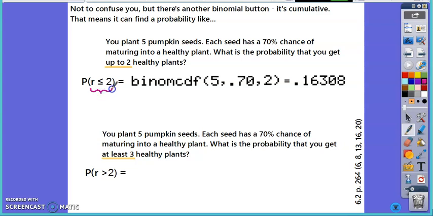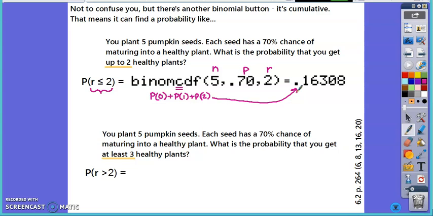Anytime you have a probability that's situated that way, R is less than or equal to something, you can use the cumulative distribution, which means it's going to do the accumulation of the probability of 0, or of 1, or of 2. See how it's accumulating up to the probability of 2. And it's the same thing, N, P, R, but this time that stands for those 3 probabilities added together.